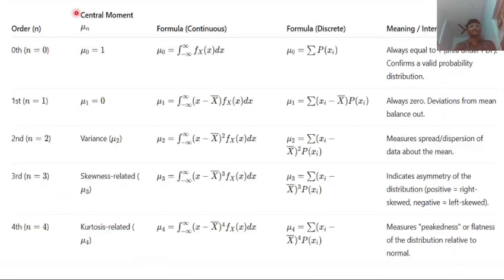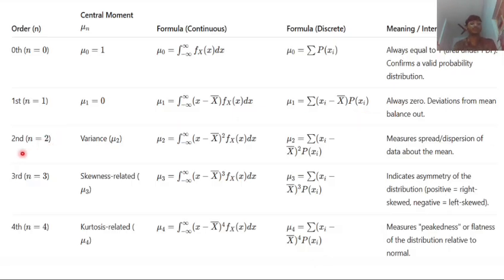In this slide, you see all the central moment values. If n equal to 0, mu naught equal to 1, the zeroth central moment always gives 1, the total area under the curve. If n equal to 1, the first central moment mu 1 equal to 0, it always gives 0 to balance out.